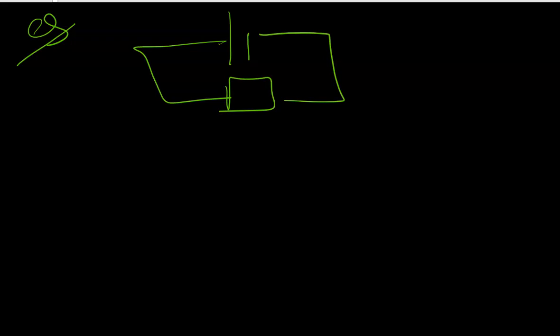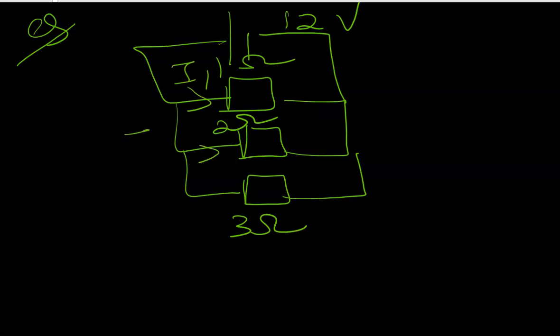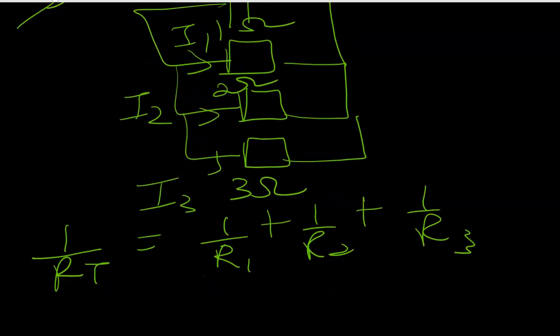Okay, so let's look at an example now. Let's go back with the same scenario of a 12 volt battery, 1 ohm, 2 ohm, 3 ohm, with currents I1, I2, I3. I normally like to start with the total resistance, and most of the time the question is brought in that way.